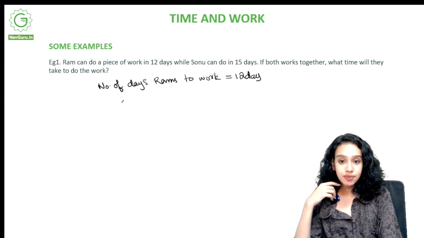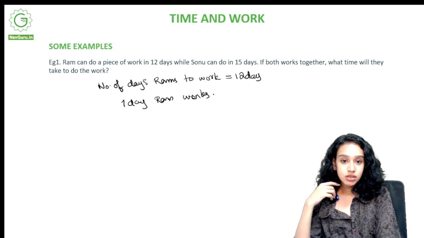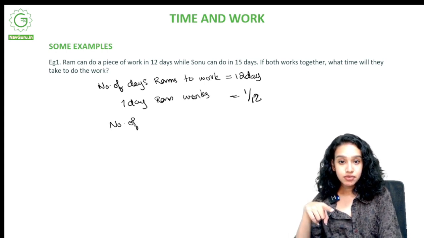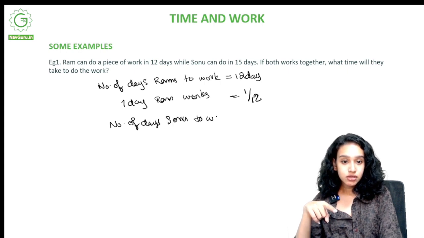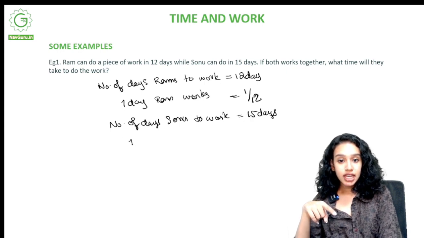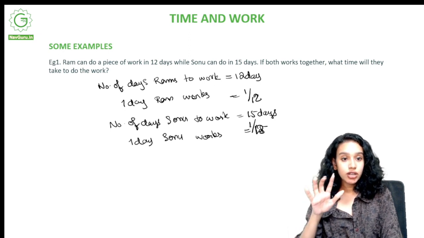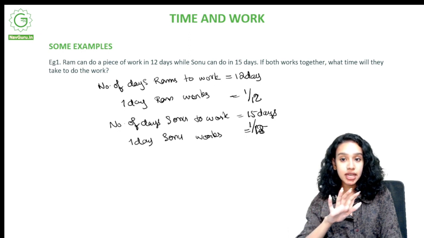So in one day, Ram works 1 by 12, right? Now, the number of days Sonu takes to work is equal to 15 days, right? Now, in one day, Sonu works 1 by 15, right? So if both work together, what will be the time they take to do the work?